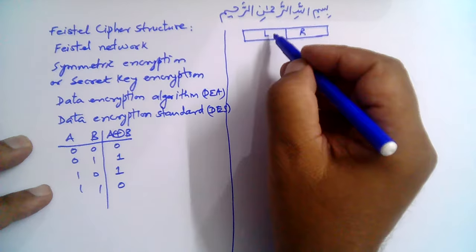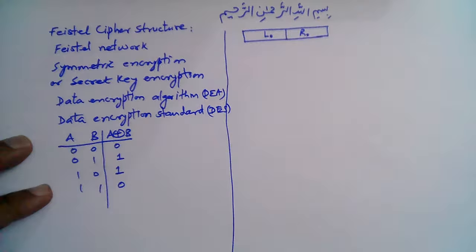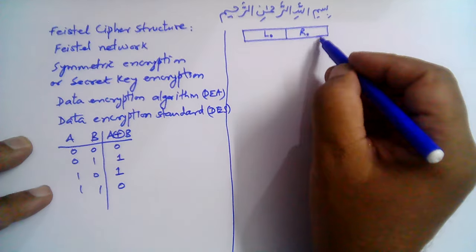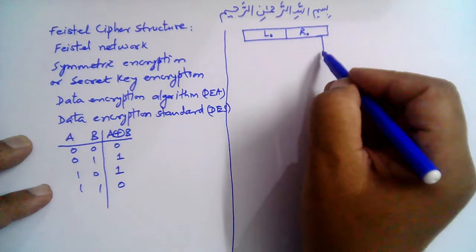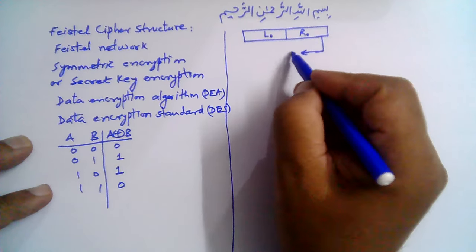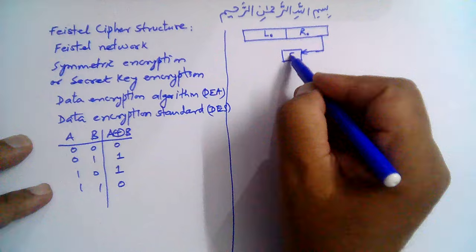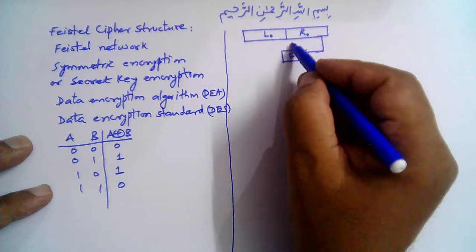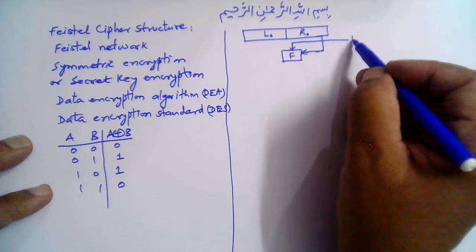This is round 0. Let's call these L0 and R0. The right half is fed to a function, let's call it f. This is the round function, and the input of the function is the right half and a key.